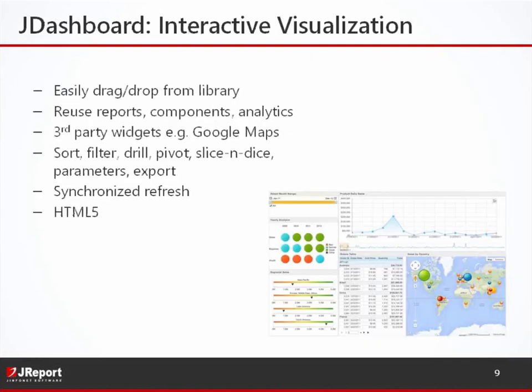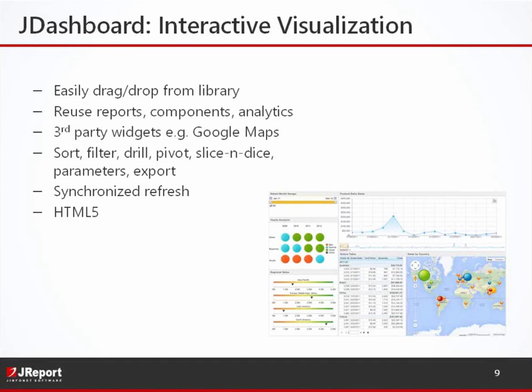All right. Now, the next feature is JReport Dashboards. Now, this is another way to combine interactive data visualization for your end user. Here you start from a blank canvas and say you want to create a dashboard out of it. So you can easily drag and drop components from your library. You can also reuse components that you created for your other reports and dashboards.